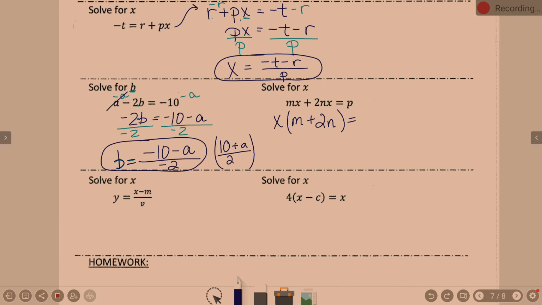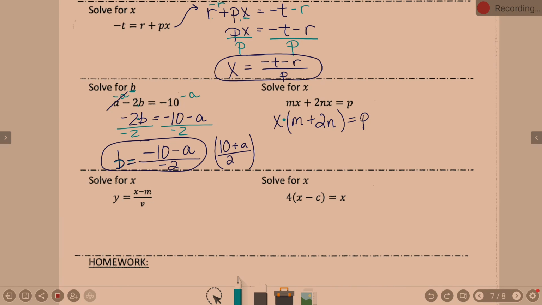And this still equals p on the right. No, we don't want to distribute, because if we distribute, we just go back to the original problem. It's the temptation, I know. This is x times m plus 2n.